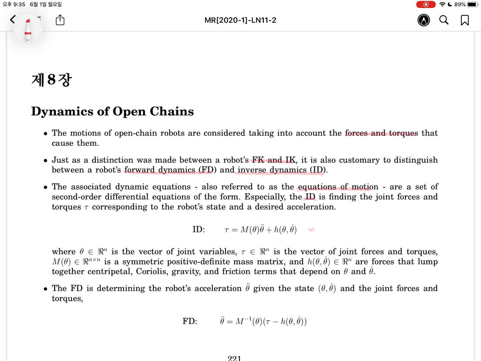In this case, inverse dynamics is the problem of finding the joint torque and force corresponding to the robot state and desired acceleration. So if we apply theta, theta dot and theta double dot, then you can get the generalized force or torque. This equation is called inverse dynamics.